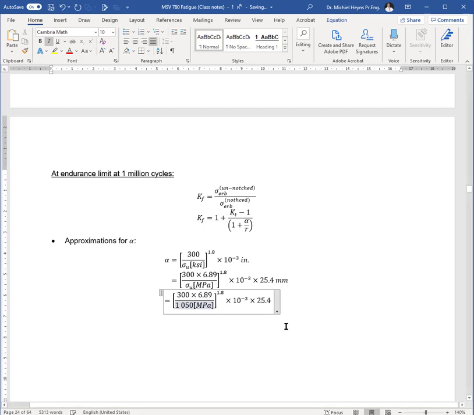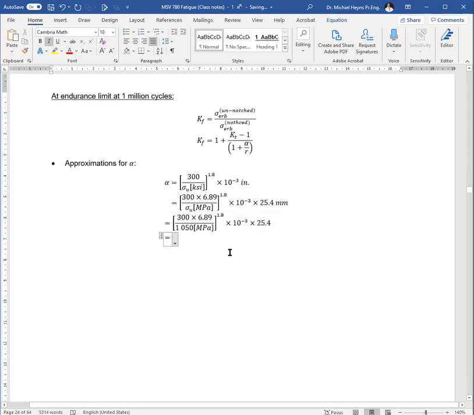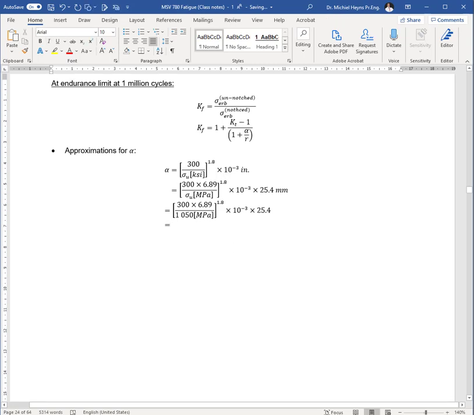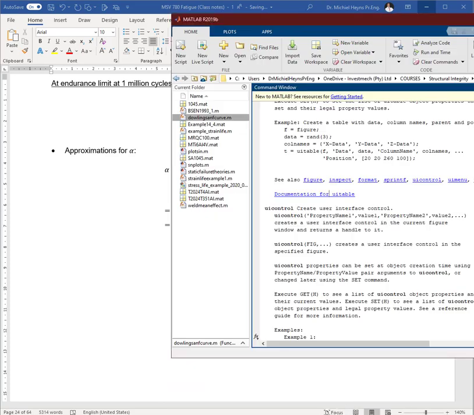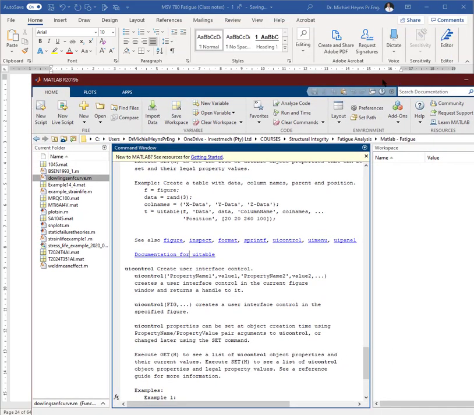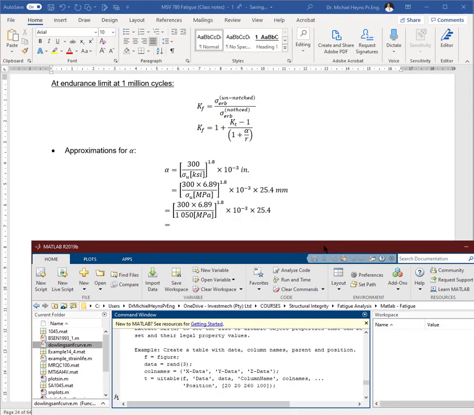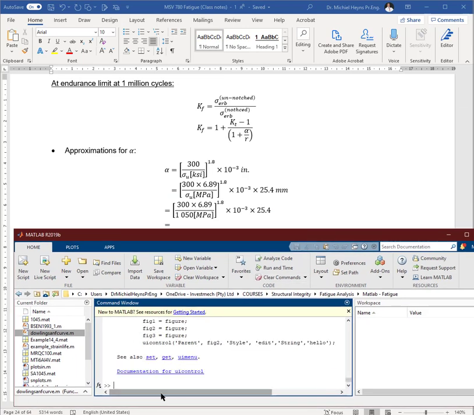1050 for sigma u there, and this calculates to, now I'm just going to do this quickly in MATLAB. So I'm just going to bring my MATLAB window here, make it small, so that we can perform this calculation right here at the bottom.